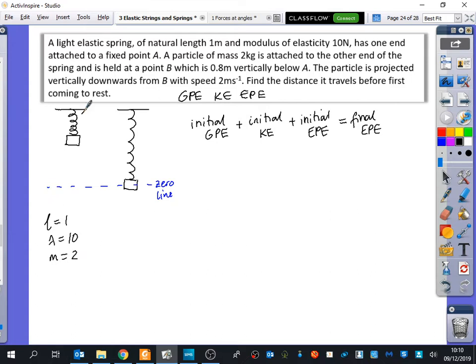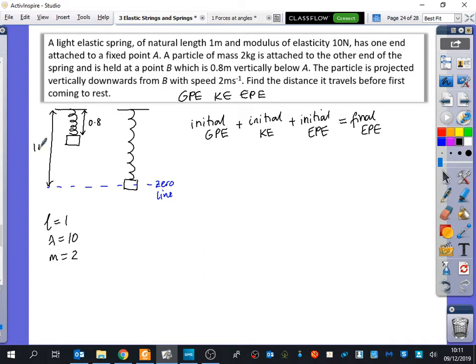So this is 0.8 meters vertically below A. What sort of measurements do you think I should put on there? What's the distance from here to the zero line? Yeah, it's just going to be 1 plus x.